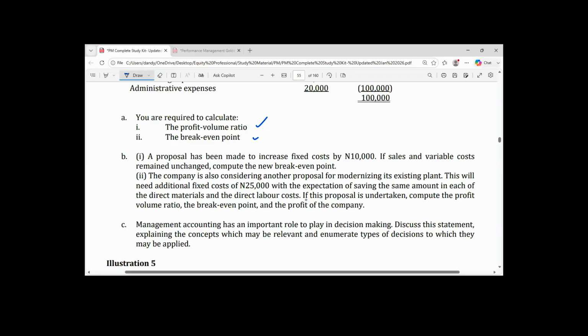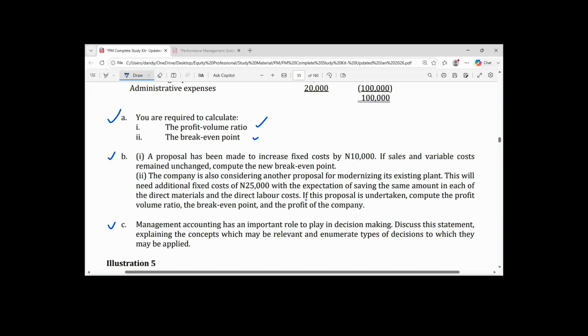Calculate the profit volume ratio, the break-even points, and the profits of the company. C. Management accounting has an important role to play in decision-making. Discuss the statements explaining the concept which may be relevant and enumerate types of decisions to which they may be applied.